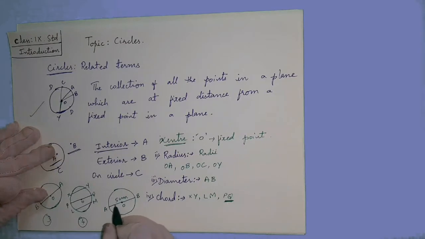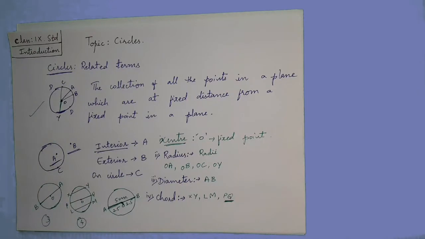If the diameter is 5, then its radius, dividing into 2 equal parts, is nothing but 2.5 and 2.5. So diameter will be always the double of the radius. So these 4 points, I hope it is clear for you all. The first points are center, radius, diameter and chord.